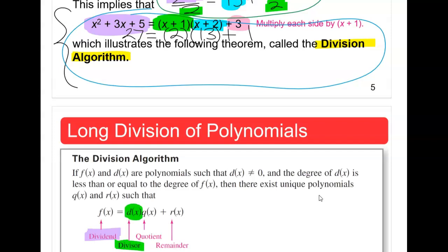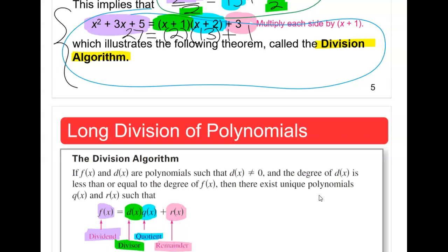And then q of x is our quotient, which in this case was x plus 2. Here we call it the quotient. And then, let me highlight this one, we have finally the remainder, which in our example is 3. And here we have remainder.